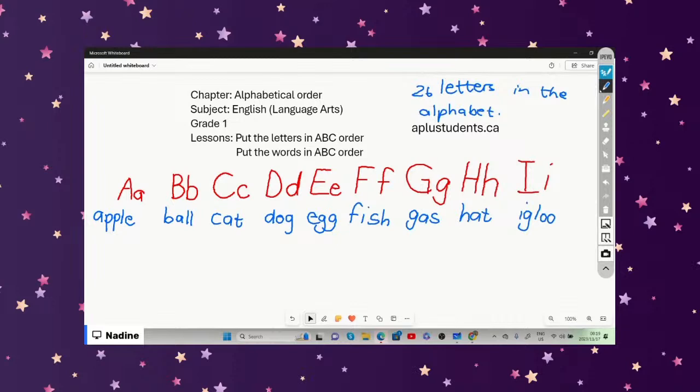Because it's mainly the way sometimes it is being pronounced, the way we say or pronounce our letters. So far, this is our letters A to I.